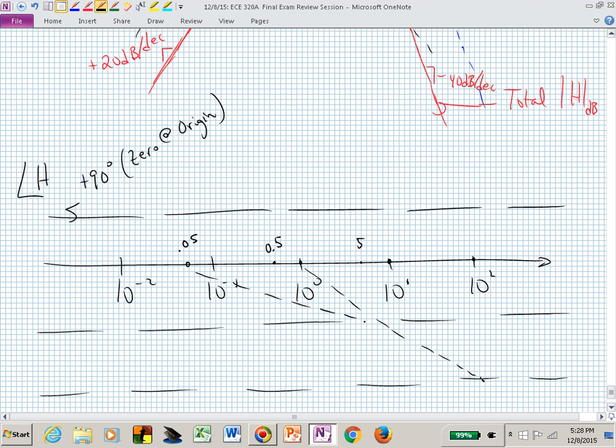And now we need to add all of those pieces up. Meaning we're starting up here. That's the only thing in play. If I asked what's contributing phase at that frequency I've highlighted in yellow, it's only the zero at the origin. We move along until we start seeing slope contributions, and that happens right here at 0.05.